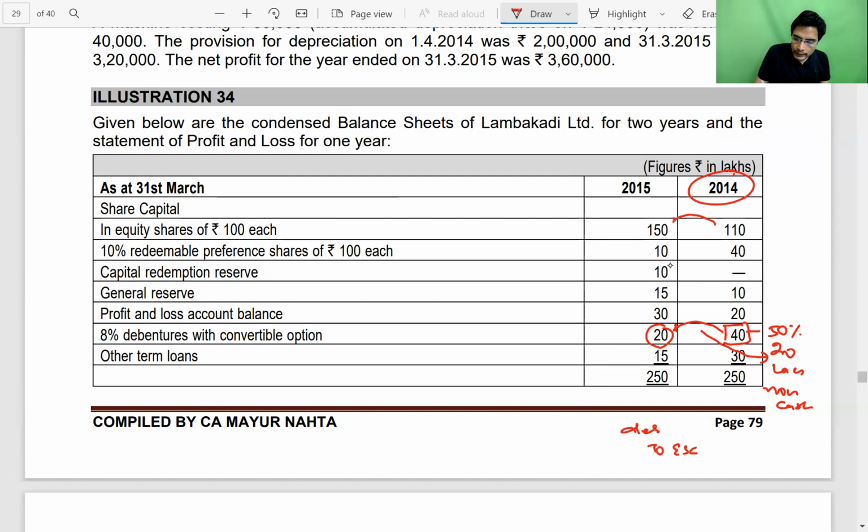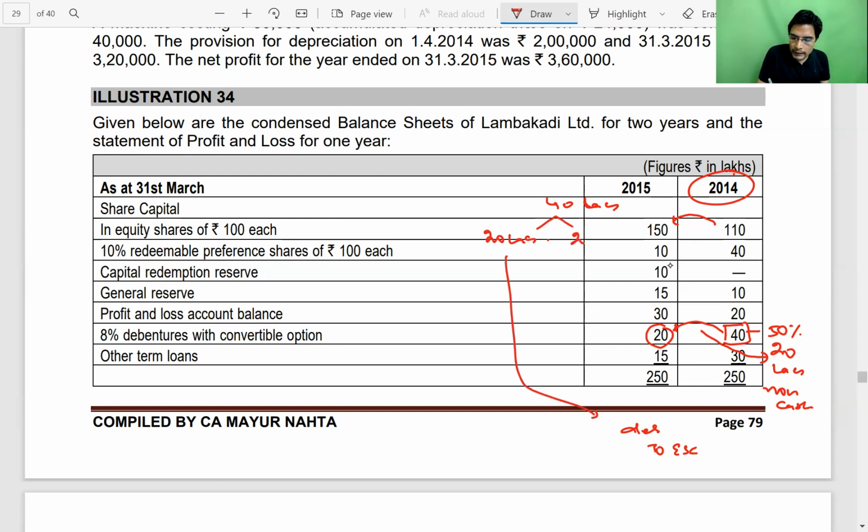And equity share capital has increased from 100 to 150. Entire 40 lakhs has not been received in cash. In this 40 lakhs, 20 lakhs has been issued to redeem debenture, which is a non-cash transaction.